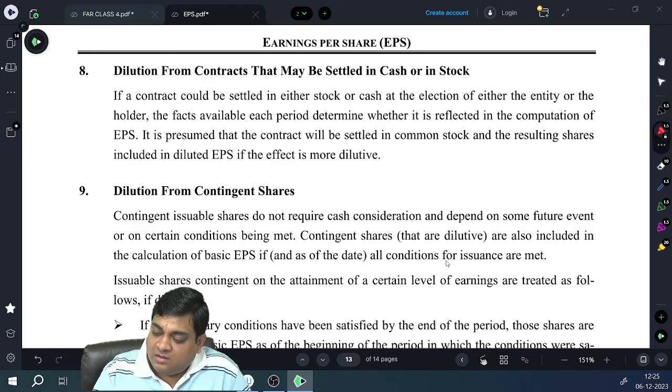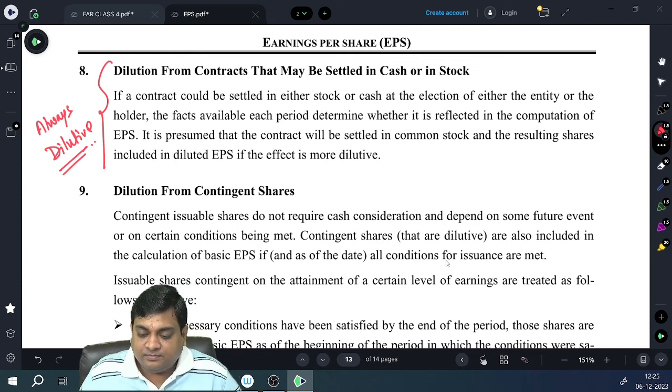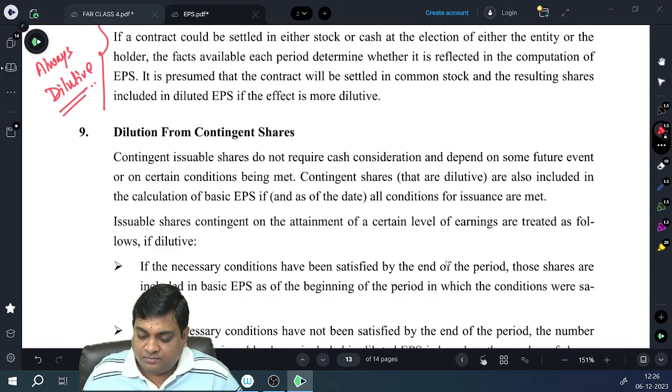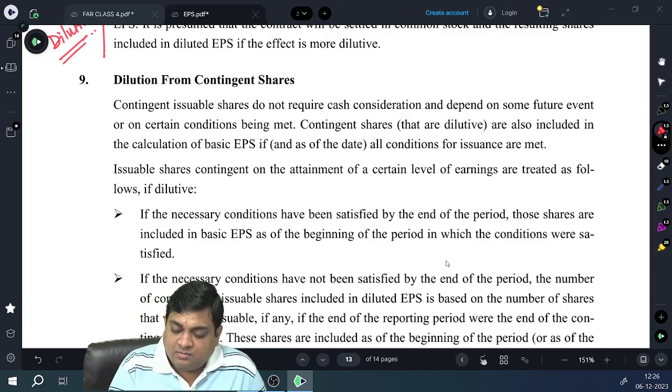So again, these are some other examples of potential common stock. This is always dilutive. Right? These are some dilution effects from contingent shares.